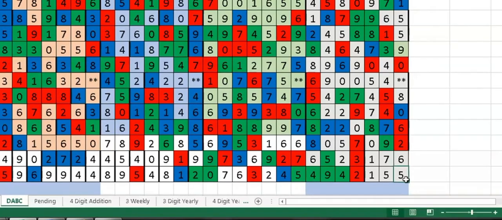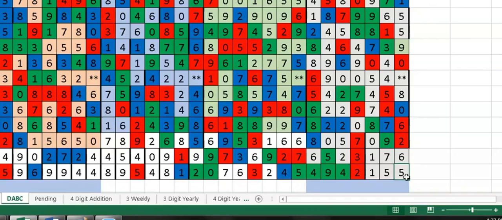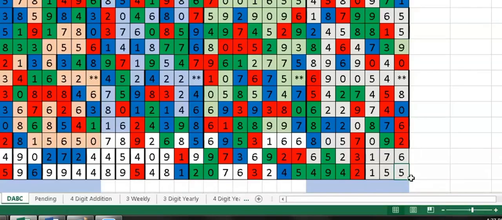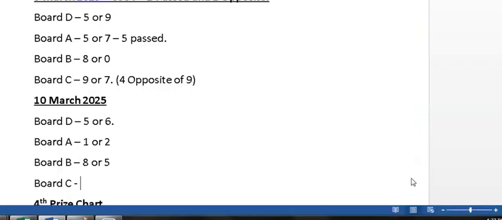Finally, that sequence stopped last week. So there is a possibility of a third green coming. Third green would mean an 8 or a possibility of 3. So 3 has come once, 8 has not been coming in board B. So likelihood of 5 and 3 would suggest change the 8 to a 3.